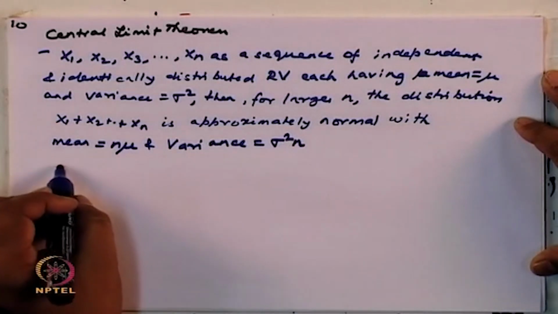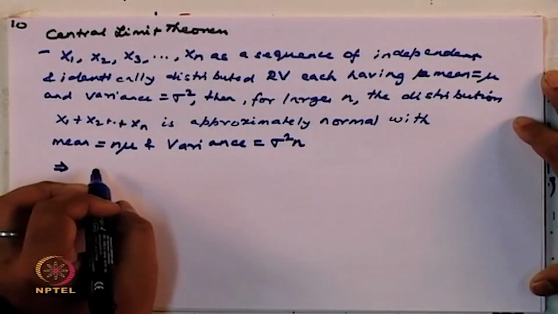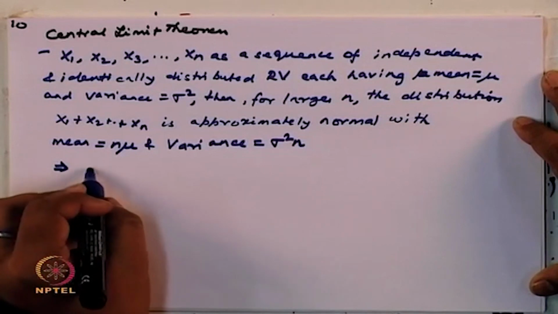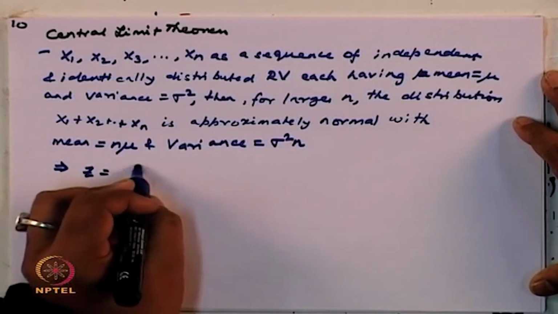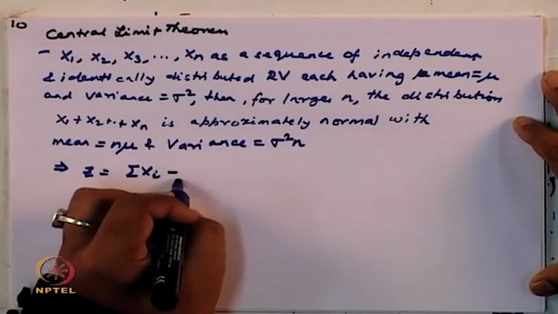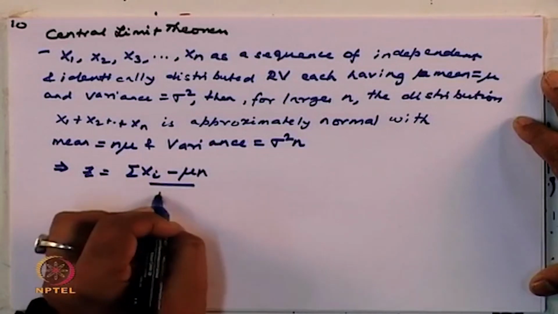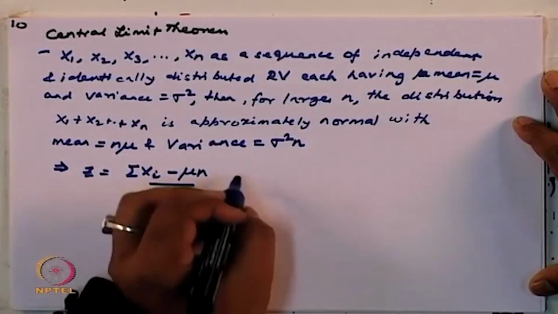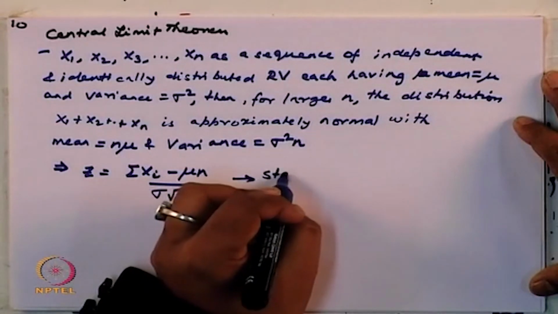So, this would mean if I have the random variable z as summation xi minus mu n by sigma root n, then z would become a standard normal variable.